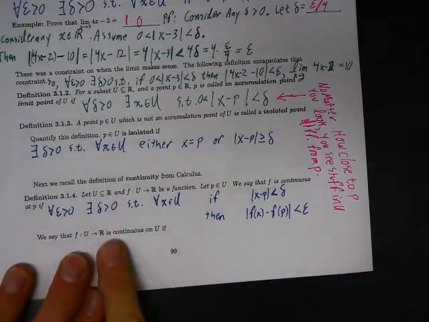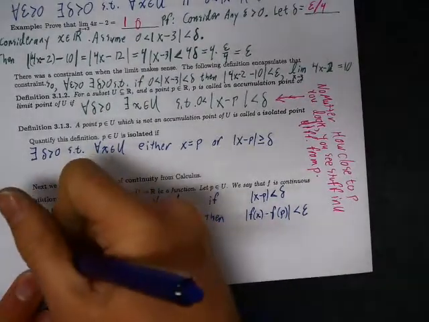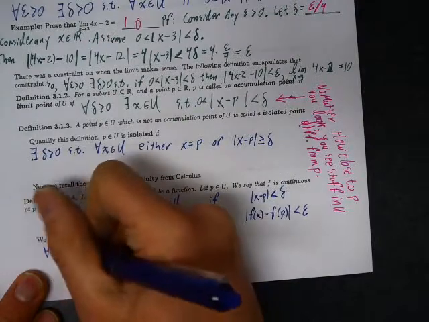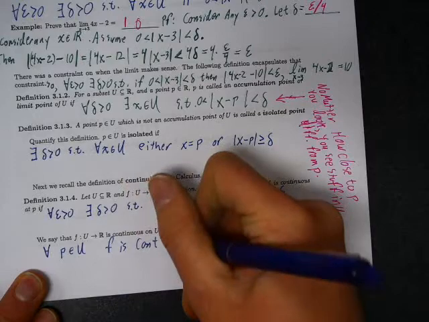I'll just say that a function is continuous on a set if it's continuous at every point in the set. That seems like a good thing to call continuous on that set, right? So we'll call the function continuous if for every p in U, f is continuous at p.